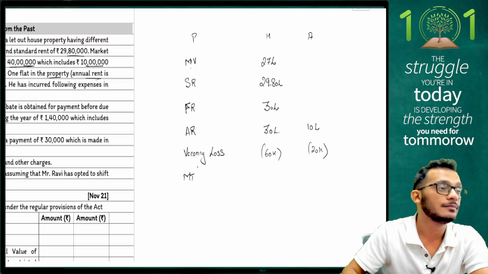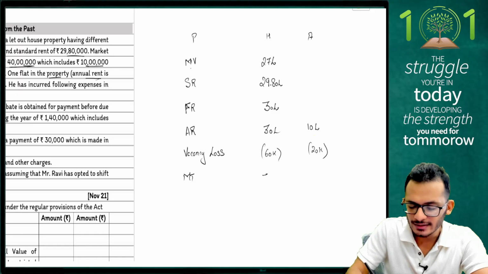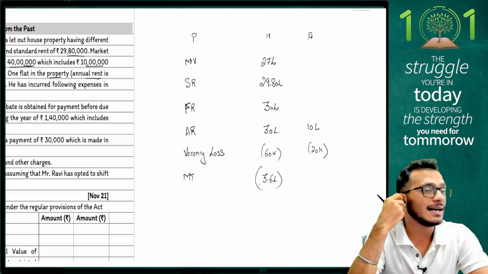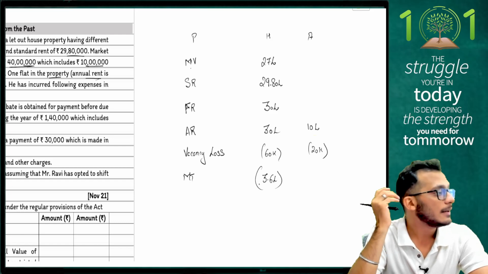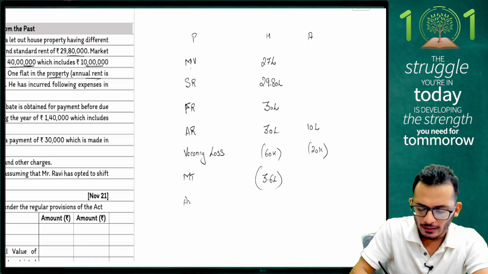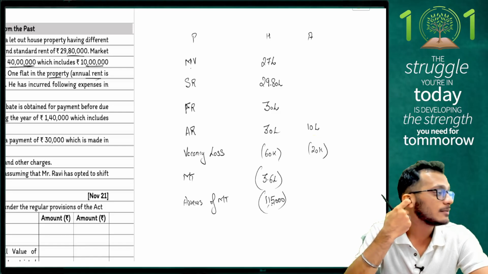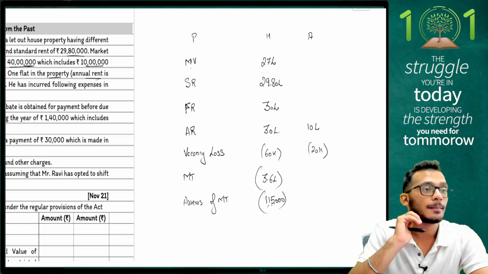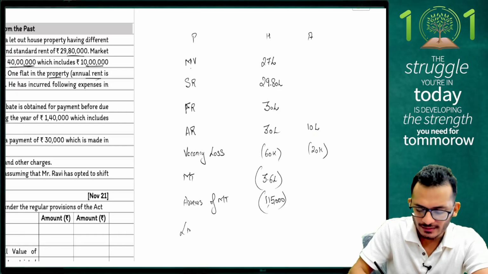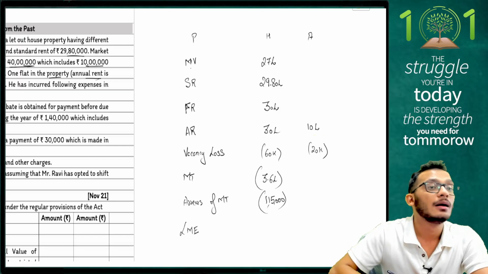Next, I have empty. People, empty is how much? 4 lakhs. Empty is 3,60,000 because 4 lakhs minus 10% rebate. Then I have arrears of empty. How much? 1,15,000. Why 1,15,000? Because I have interest on arrears which I cannot claim as deduction. Next, I have lift maintenance expenses pertaining to amenities.